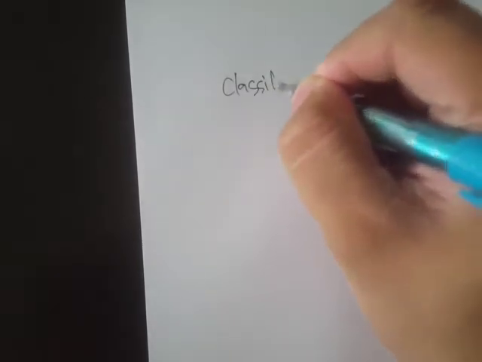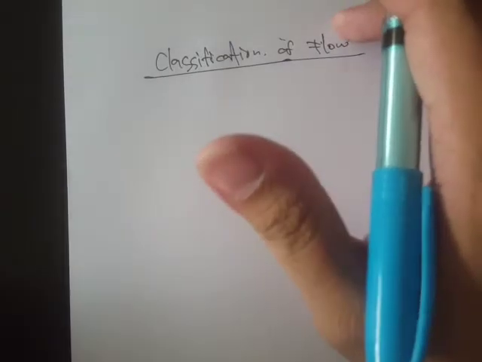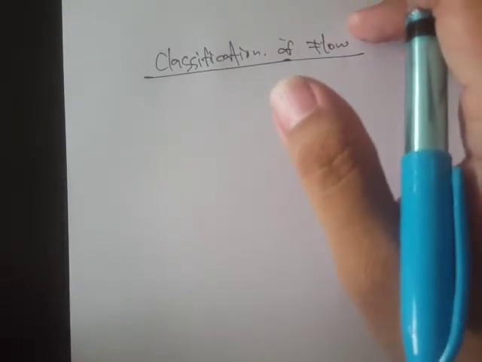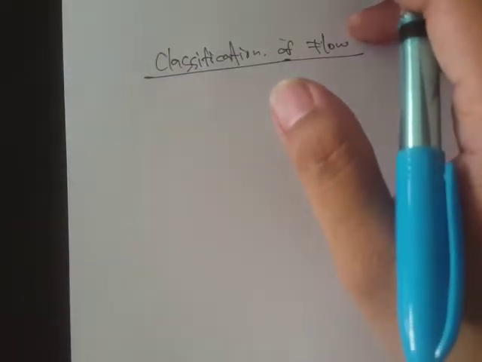Let's talk about the flow classification, or classification of flows. Okay. Actually, there are many ways to describe a flow, except that for now, I just want to limit our discussion to the classification with respect to the kinematic parameters.